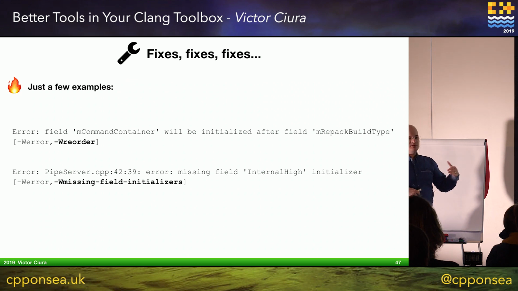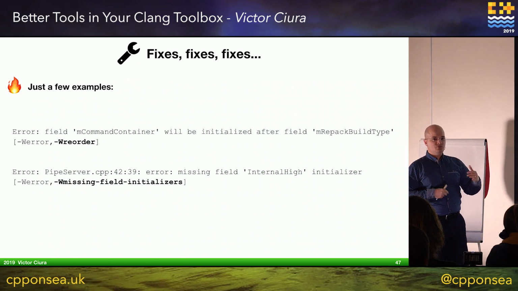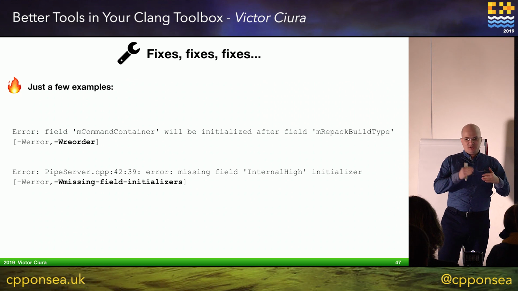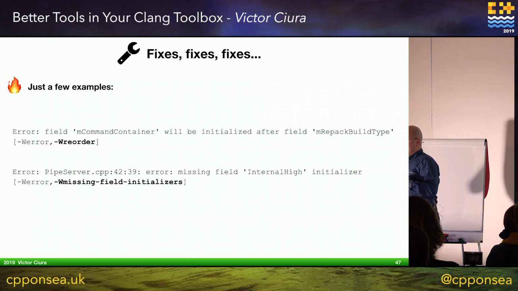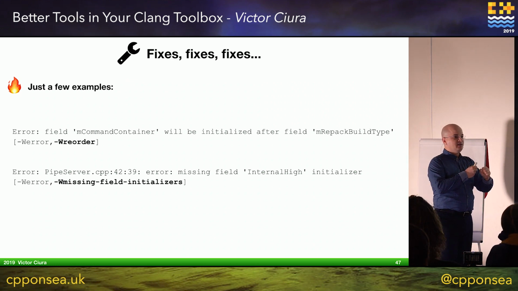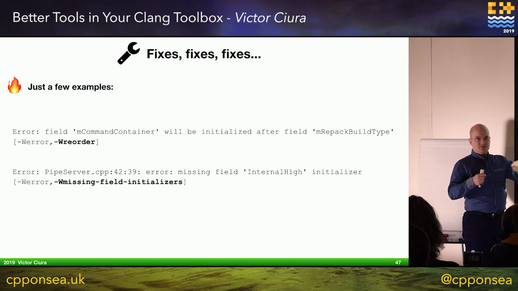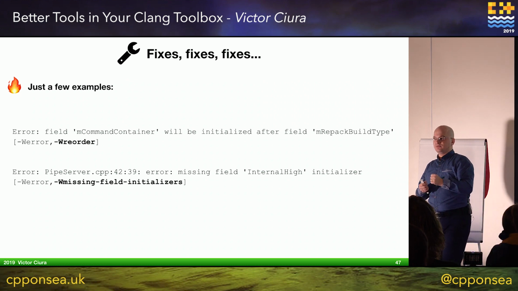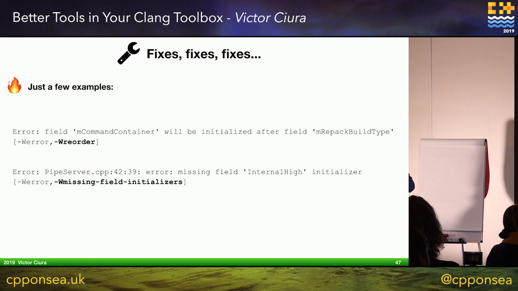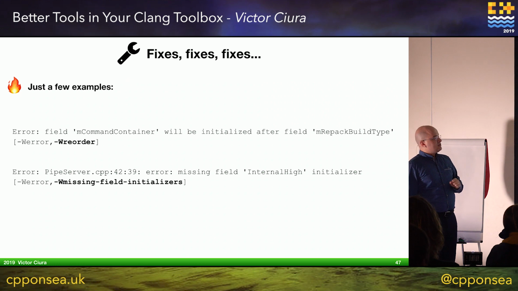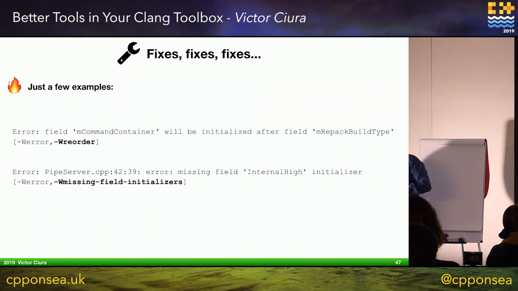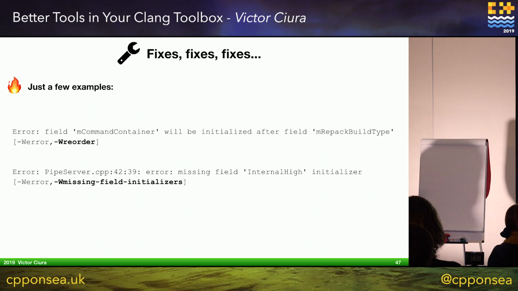So we actually had to build tooling to reorder these and make sure that the order was consistent, because in some situations we found that there were dependencies between the initialization order, and there were situations where there were pointers that were improperly initialized, and so we basically had undefined behavior there. Missing field initializers in structs and aggregates, we had lots of those as well, so we had to manually fix a lot of those.